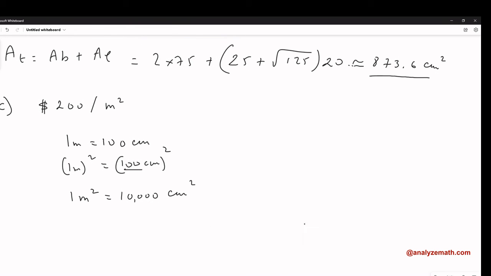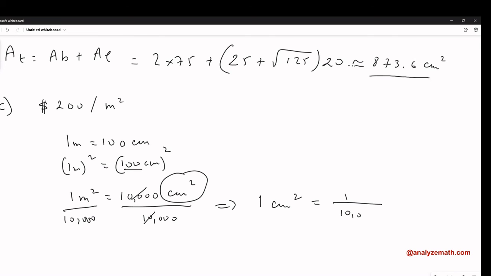Now we need to find what 1 centimeter squared is in meters squared. So what we do, we divide by 10,000 here, 10,000 here. And when you simplify, you are left with 1 centimeter squared equal to 1 over 10,000 meter squared.